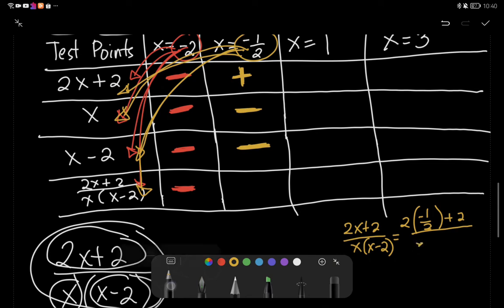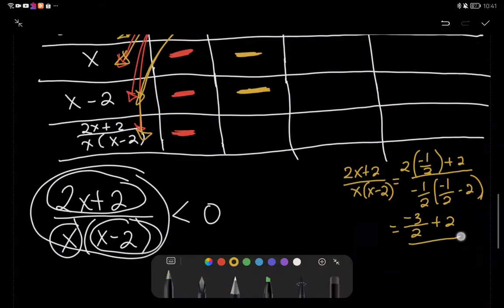That's negative 1/2, times negative 1/2 minus 2. Okay, so this is negative 3/2 plus 2 over negative 1/2 times, this is 2 minus 1 minus 2.